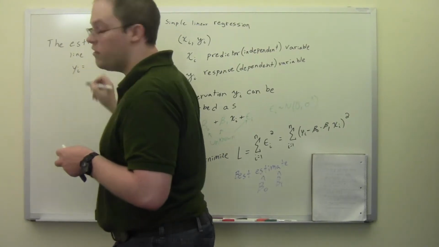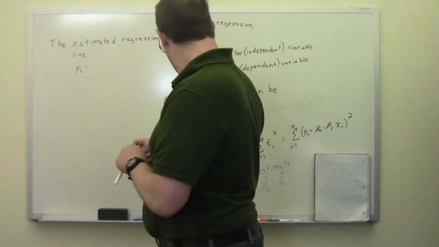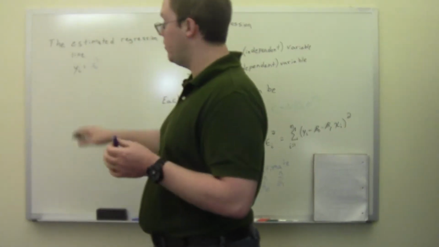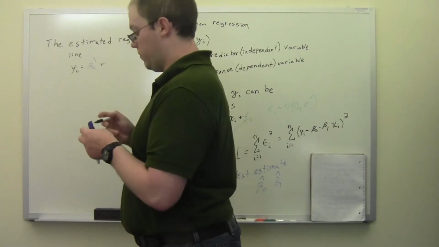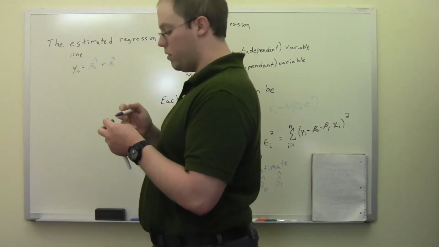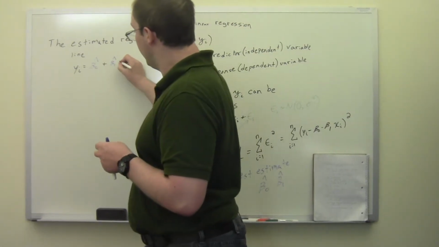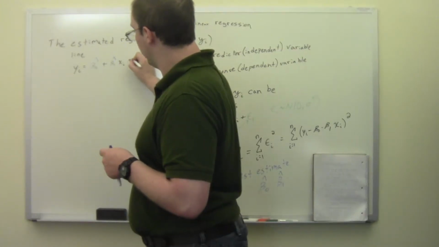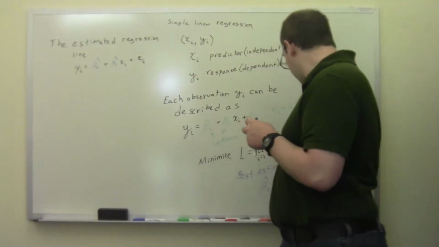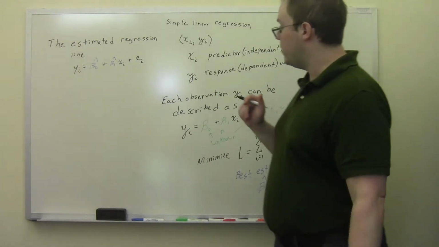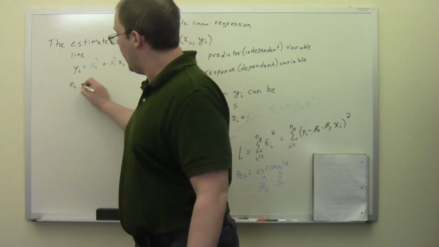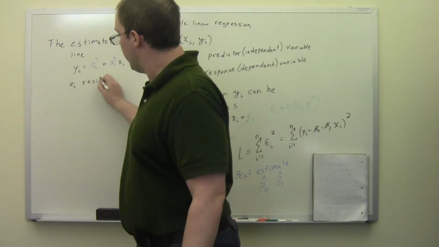So I have my y sub i, except now I'm going to plug in this best estimate of this intercept coefficient beta 0, and then I'm going to plug in my best estimate of the slope of this line beta 1 times my xi, and now I have these terms called ei, which are my residuals.